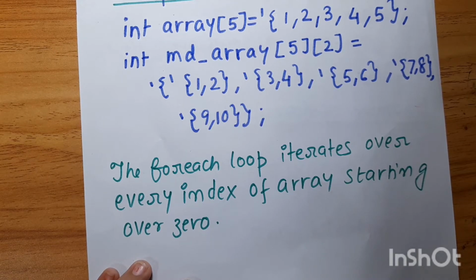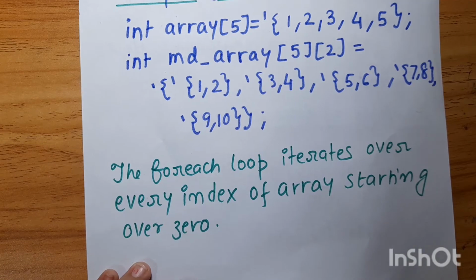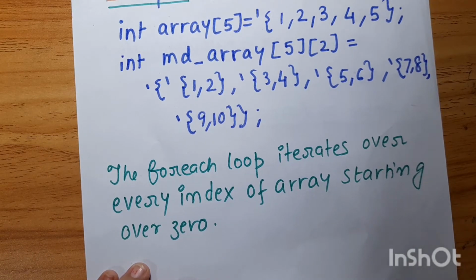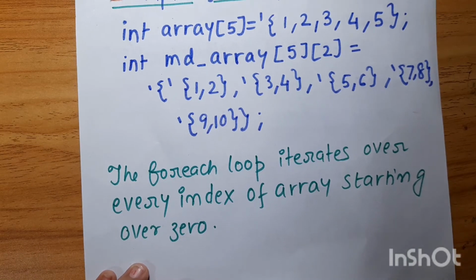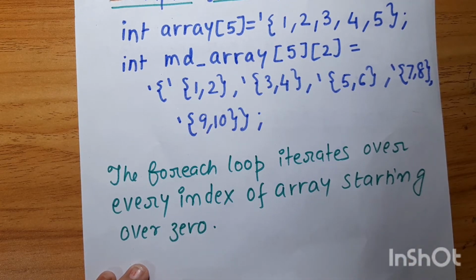Here I have spoken about integer. There can be a different data type also. We will make use of the foreach loop, and it will iterate, it will move through all the elements present in the array. That is, it iterates over every index of the array and it starts from 0.